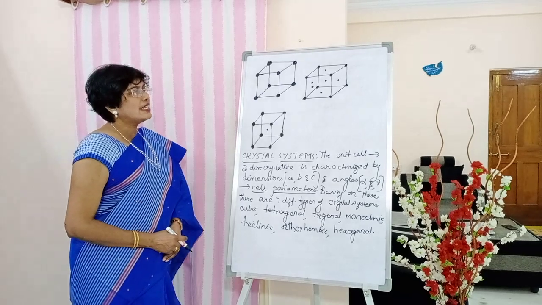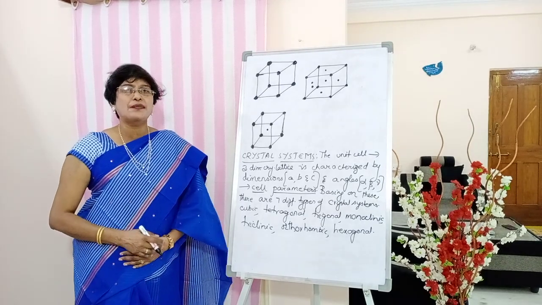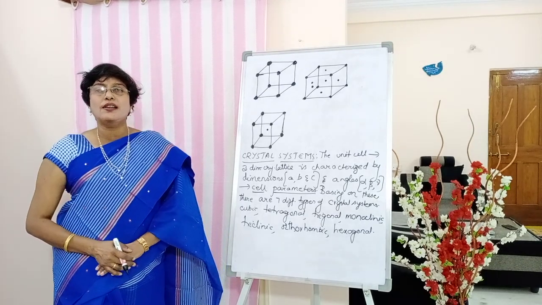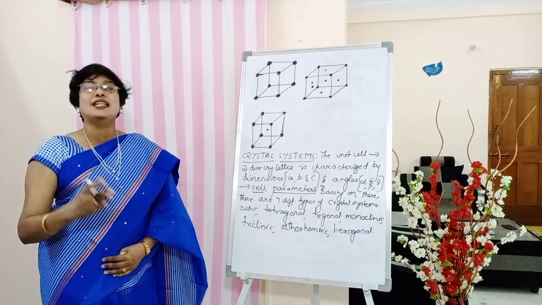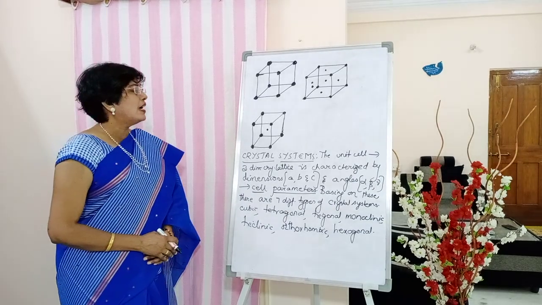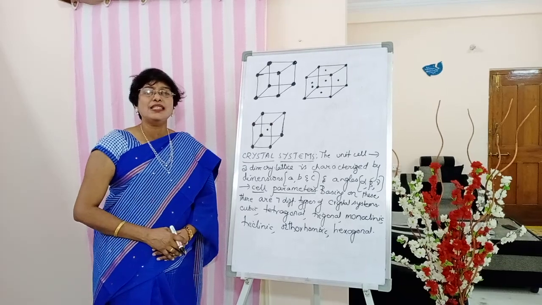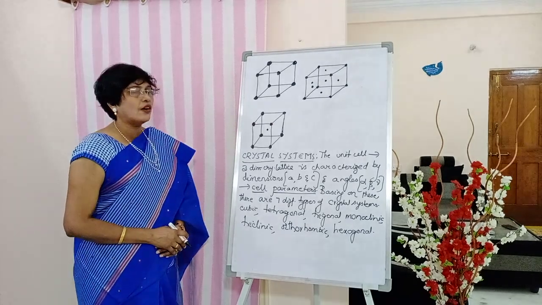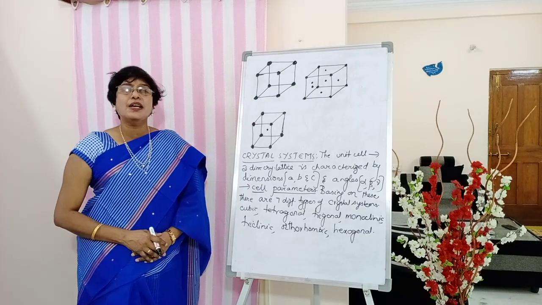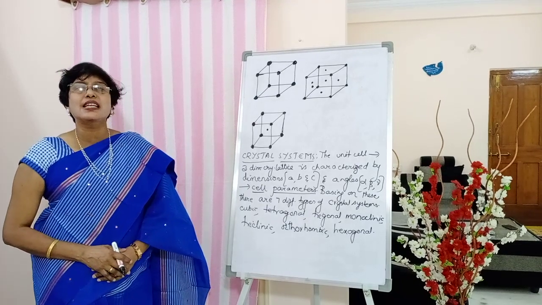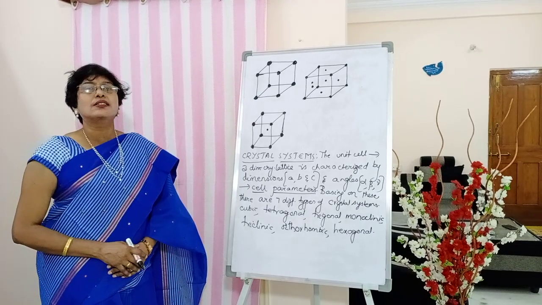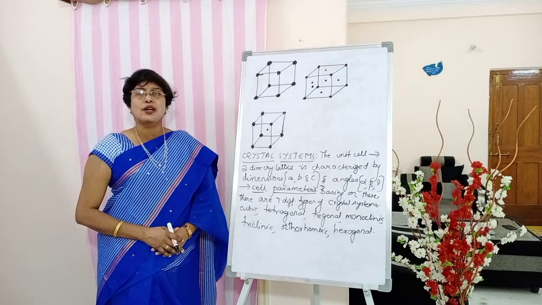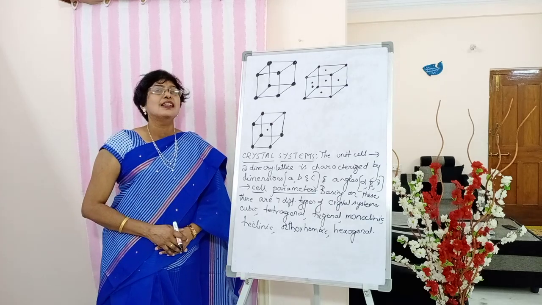There are 6 faces. At the center of each face, one constituent particle will be there. The third one is BCC, body-centered cubic lattice. Along with the corners, there will be one constituent particle at the center of the crystal. So these 3 are the Bravais lattices of cubic crystal systems.